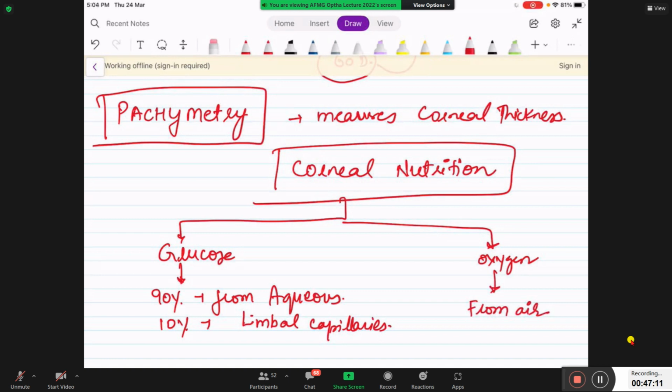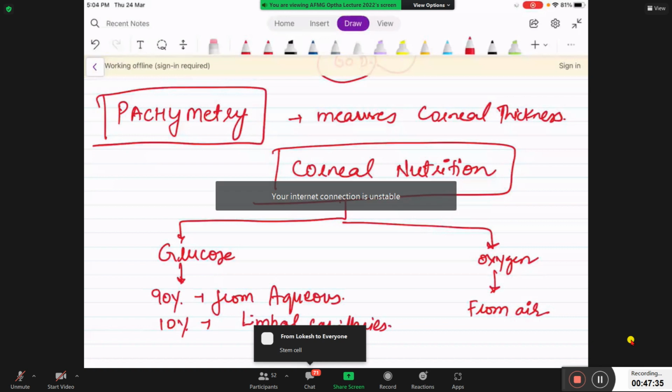Now, can you tell me what is the importance of limbus? We have discussed limbus. So, limbus contains which type of cells? Limbus contains stem cells. That is why it becomes important, right?